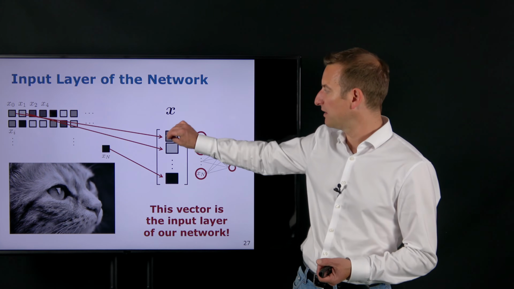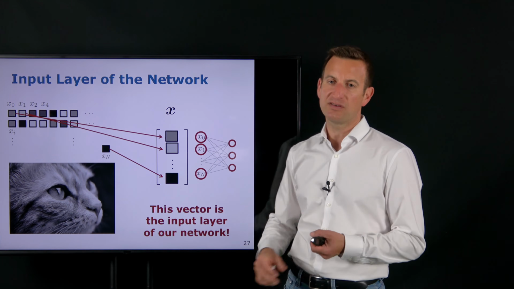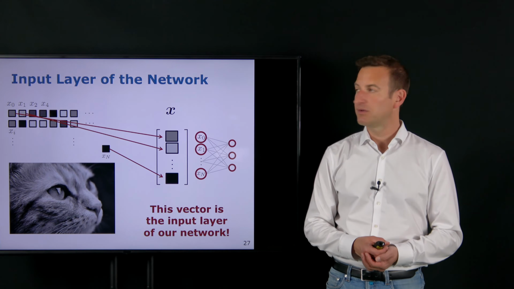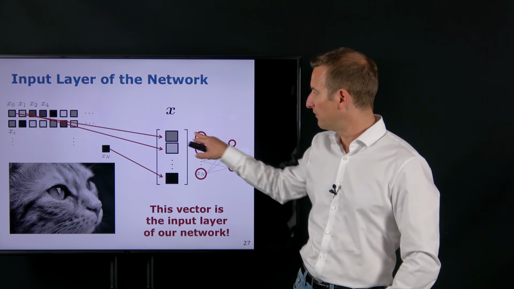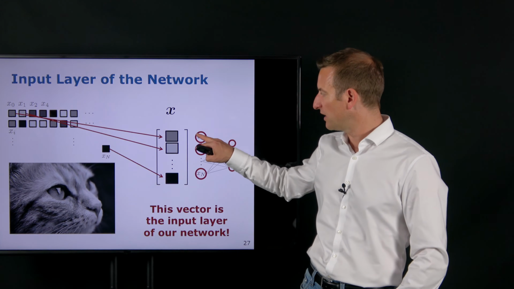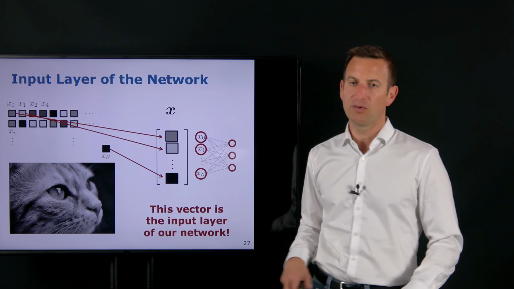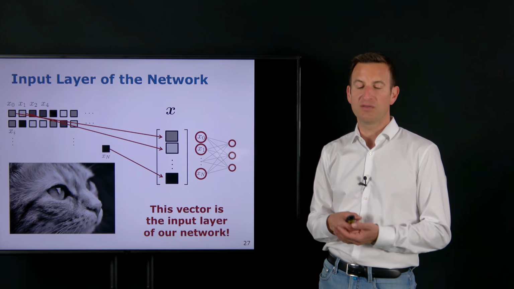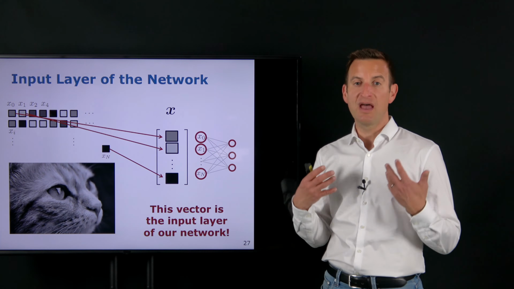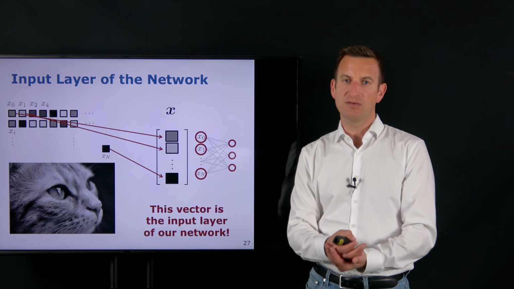So we are taking the intensity values and writing them into the input layer of our neural network. So this could be, for example, a value of 100, this may be 200, this may be 0, and we just write 100, 200, 0 into this input layer. We fill those neurons. And that's how we feed the whole image into the neural network.